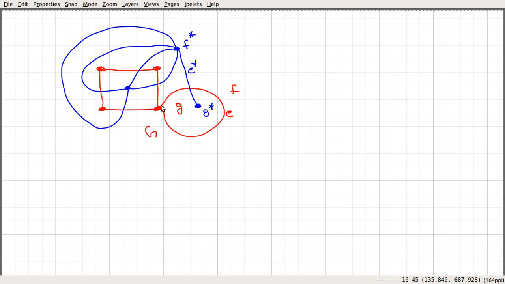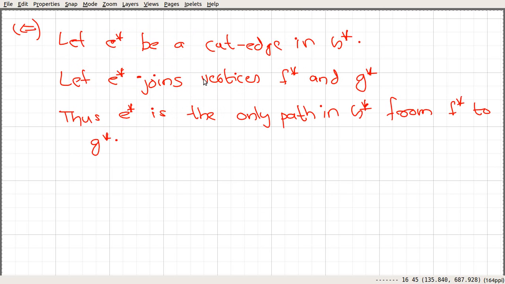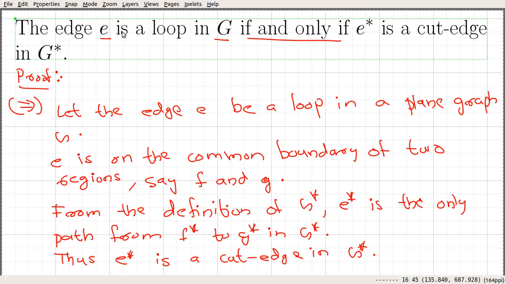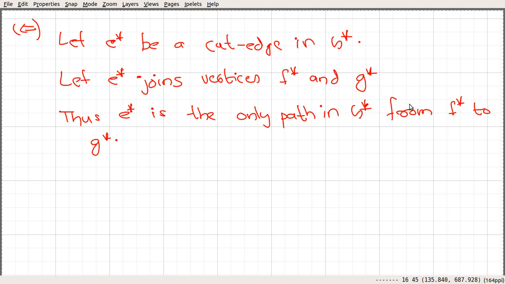So we can see that in our graph G, that edge is going to enclose either G or F, and that's what we want to prove. E is going to be a loop. It is either going to enclose this F or G.